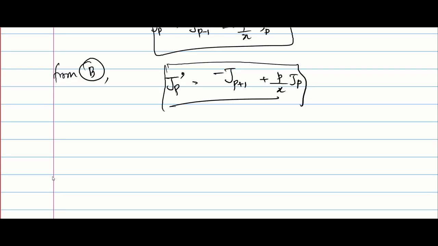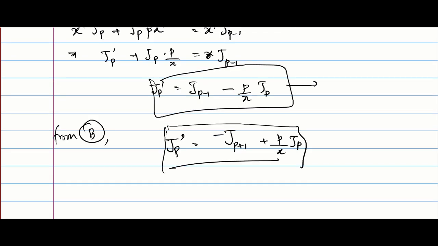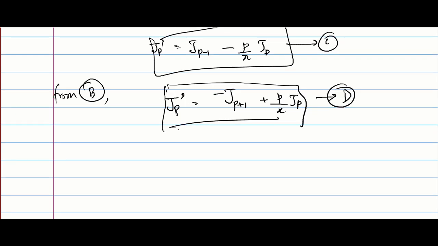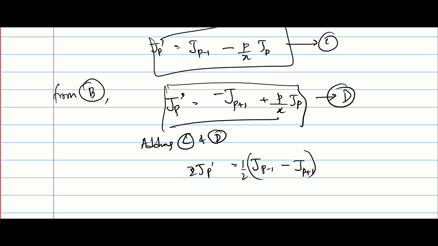Okay, so now let's call it c, and this one d. If we add c and d, adding c and d, we get 2Jp' = J_{p-1} - J_{p+1}. If we take this half outside, on the other side we get this.